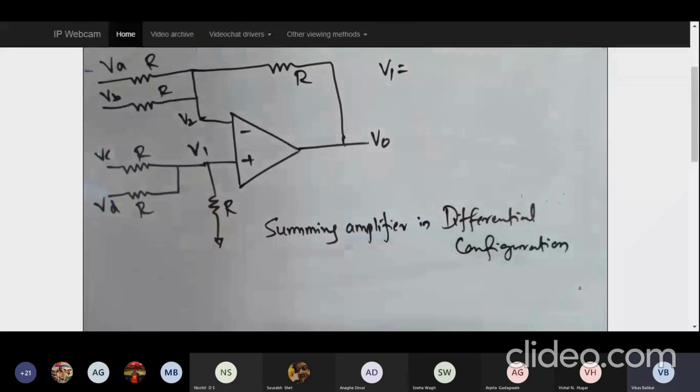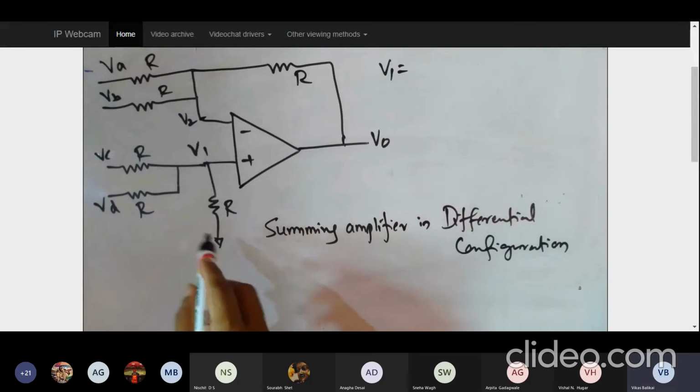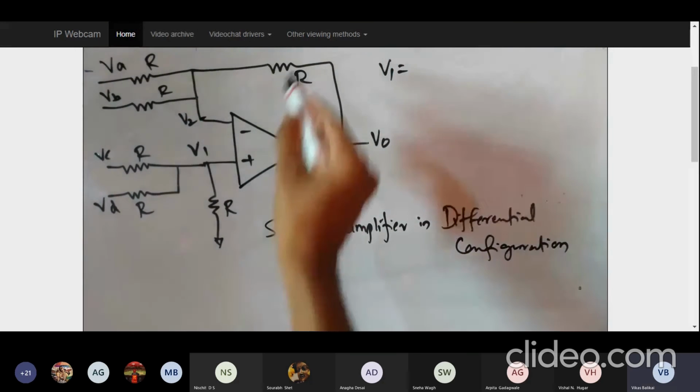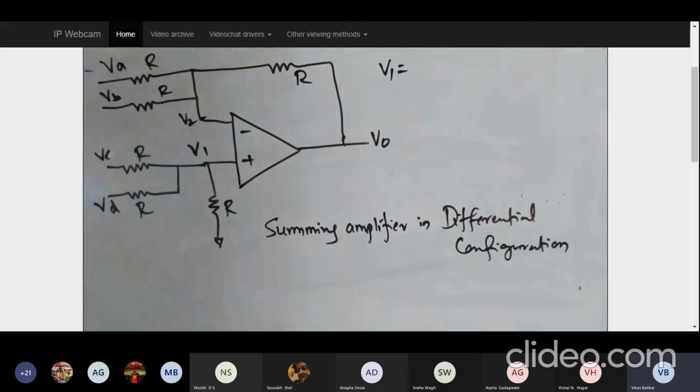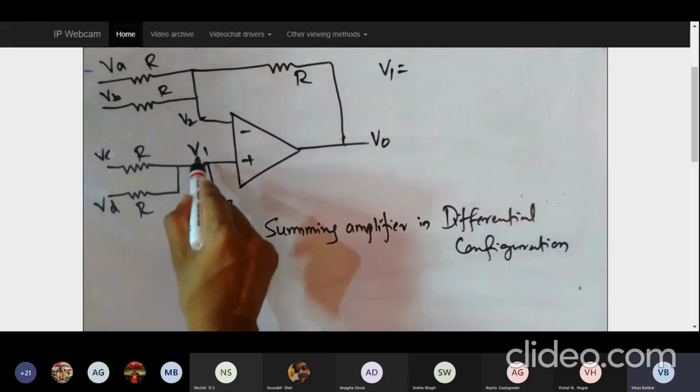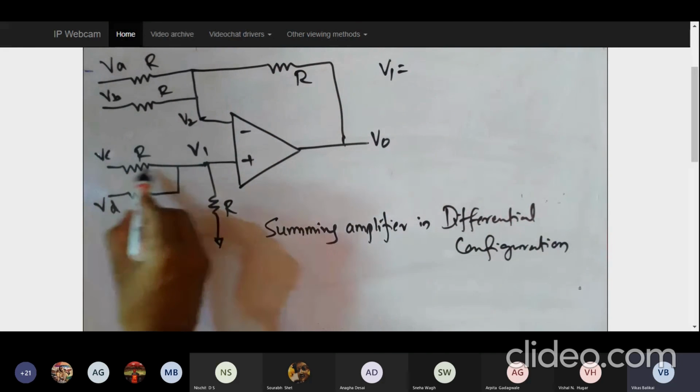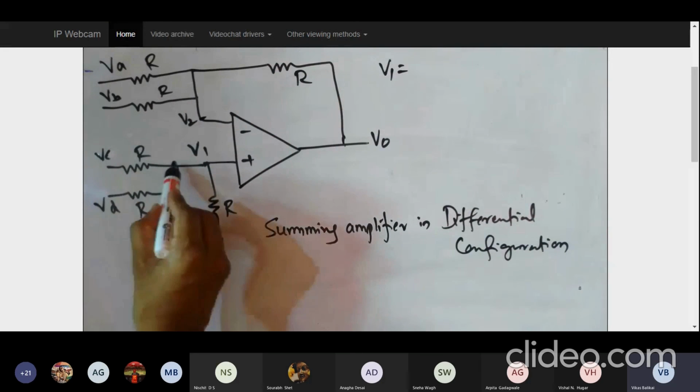I'll tell you what the need of this R is in the subsequent concept. This is the feedback resistance that has to be there. Fine. So V1 is a summation of VC and VD. So how are VC and VD going to come? Basically, for voltage VC, I need the voltage that is coming through this R.